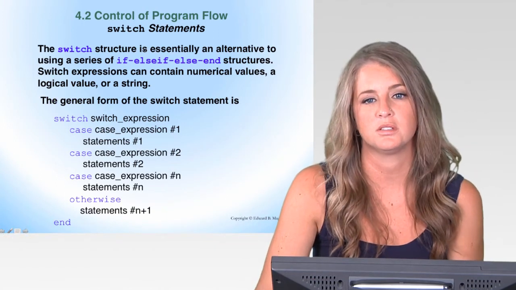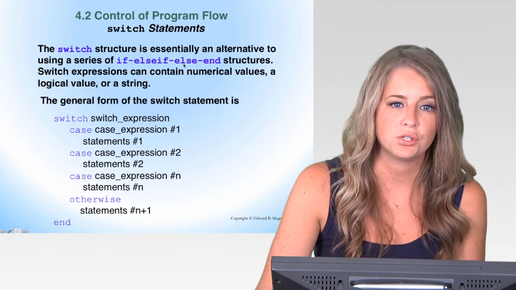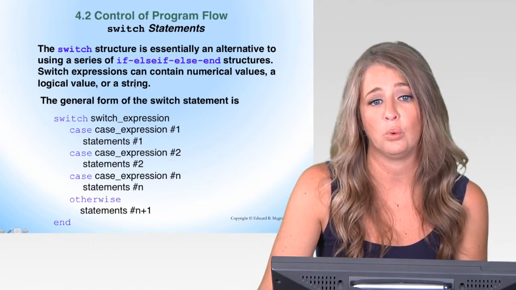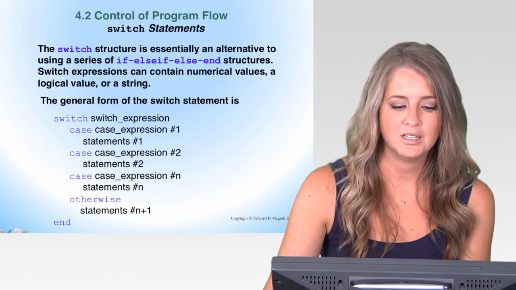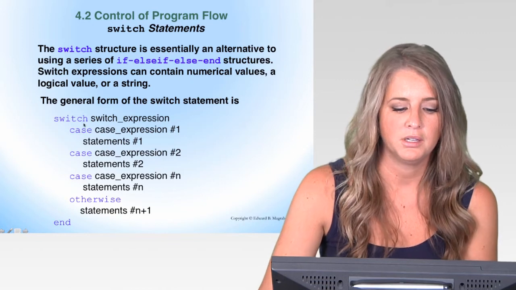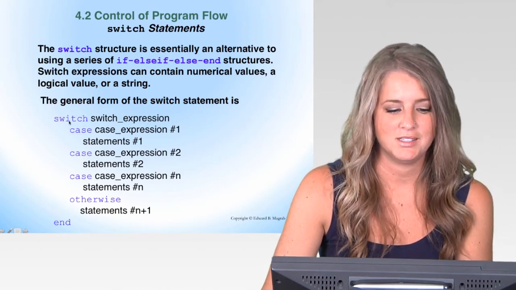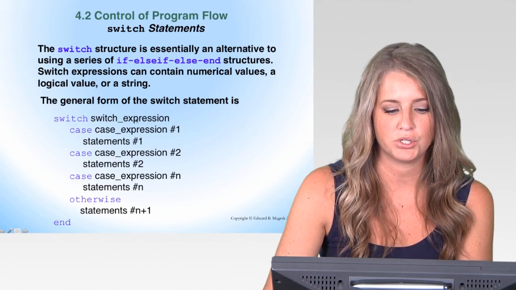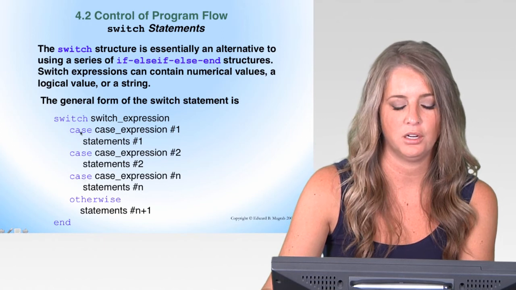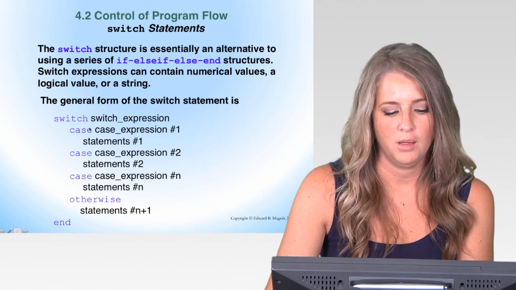The switch structure is essentially an alternative to using the if-else structures. Switch expressions can contain numerical values, a logical value, or a string. You can see it looks kind of similar to the if statement, but in this case we have cases. We have the switch and then an expression, and then you identify different cases that could occur, and it will switch between them.